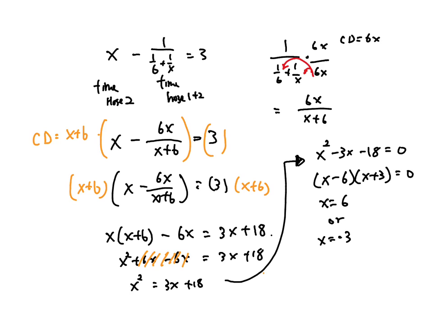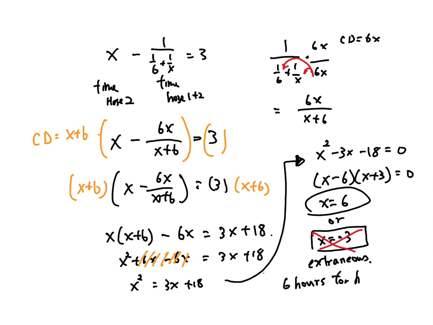Now, in this case, negative 3 is extraneous because you can't fill in a negative amount of time. Right, that is extraneous. That's no bueno. So the only number we can use is 6. So it'll take 6 hours for hose 2.